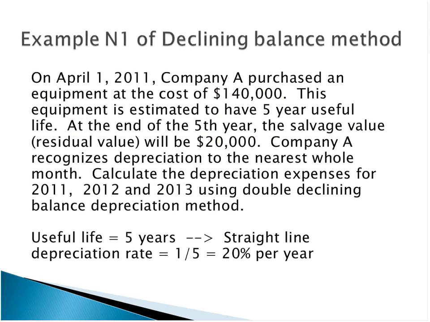So here, on April 1, 2009, company A purchased an equipment at the cost of 140,000 USD. This equipment is estimated to have a 5-year useful life. That means we are going to keep it in the company for 5 years. At the end of the 5th year, the salvage value or residual value will be 20,000. That means after using this equipment for 5 years, we will have some scrap value.